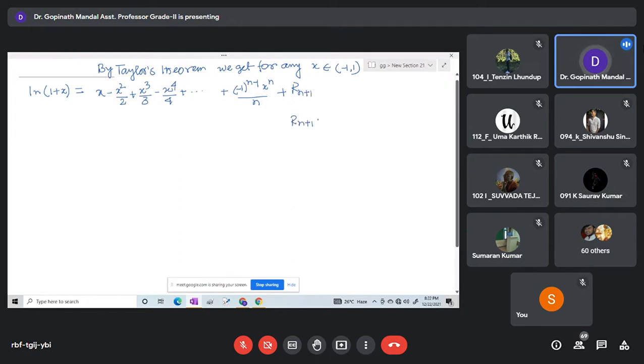Rn plus 1 will be -1 to the power n x to the power n plus 1 by n plus 1 factorial, times 1 plus c to the power n plus 1.